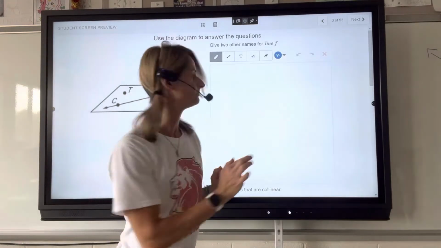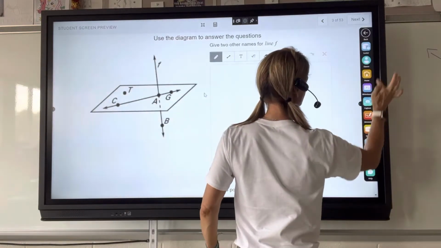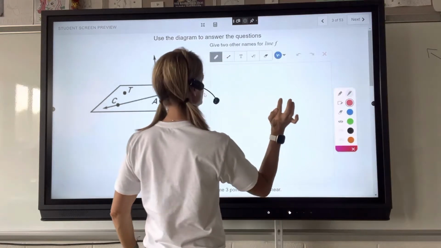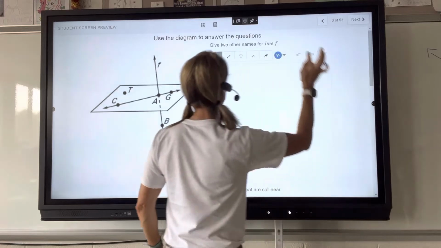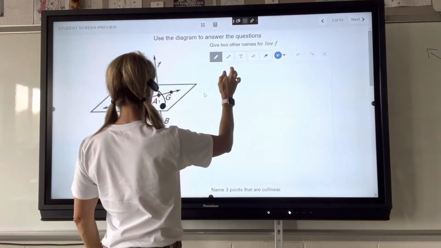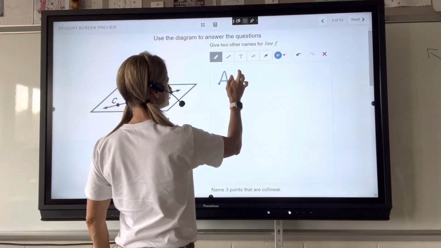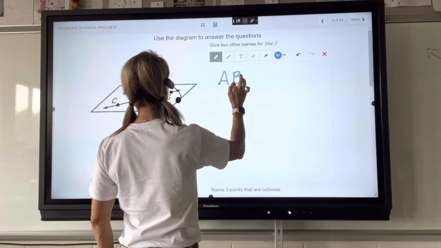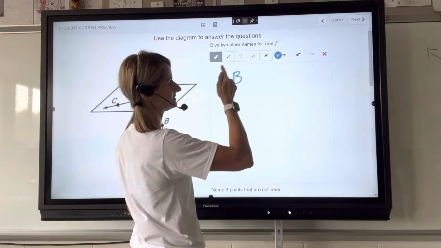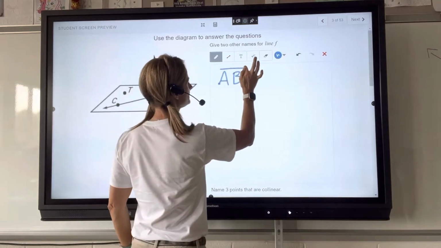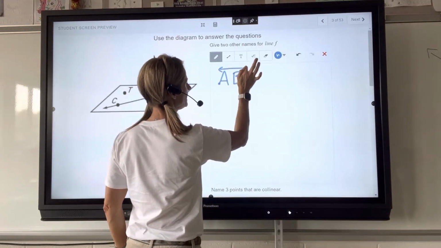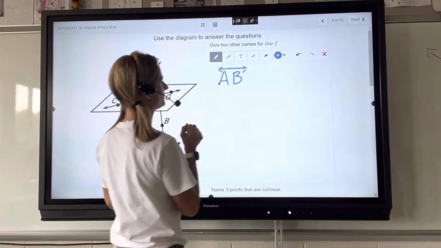And the way we do that, I'm going to use annotate, but before I do that, let me show you guys. When you write inside here, sometimes there's a little bit of a lag. So it looks like this, A, B, and it asks us to name a line. So we have to put a line over the top of it with arrows. The arrows let us know that it goes on forever.